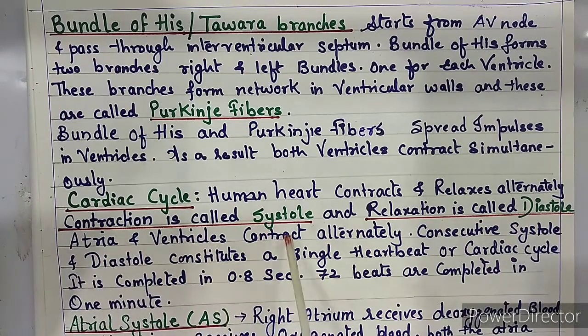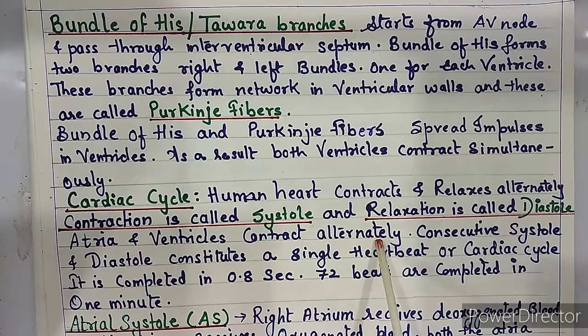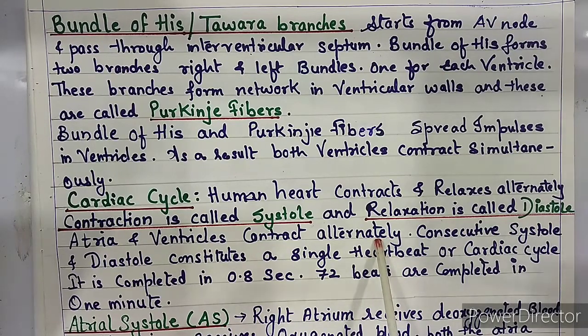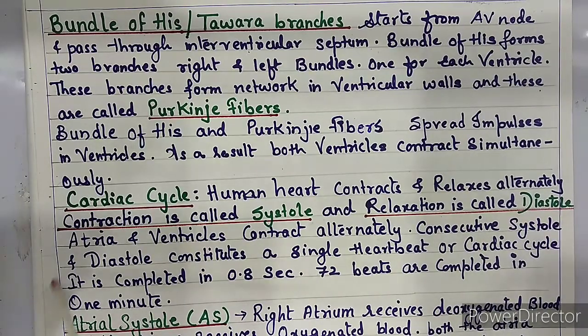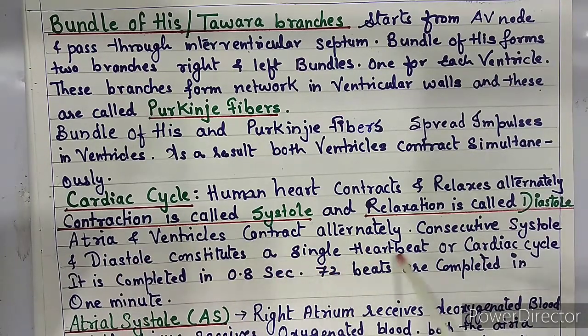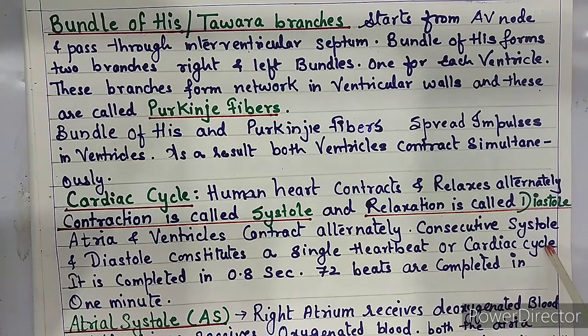Atria and ventricles contract alternately. The chambers of the heart contract and relax alternately. Consecutive systole and diastole constitute a single heartbeat, or a cardiac cycle.